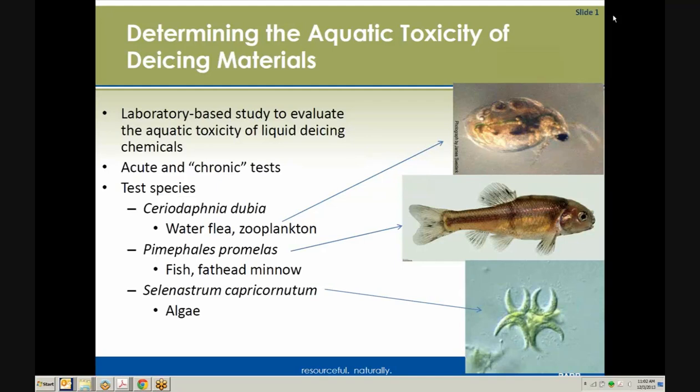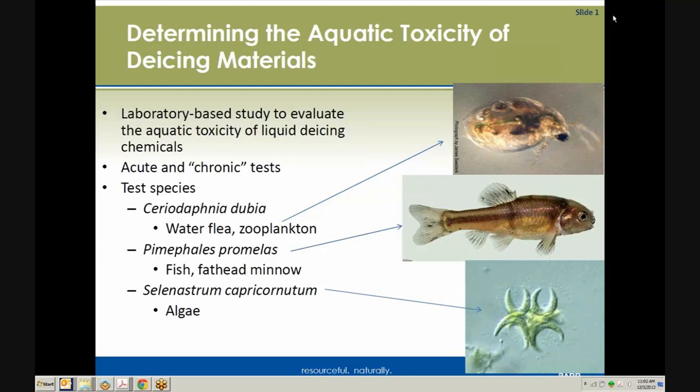The 3 species we chose are presented on the right of the screen, and those species are Ceriodaphnia dubia, which is a zooplankton and is a very common species in waterways, and it's a very sensitive species, and it's used for regulatory compliance testing in the United States and many places around the world. So it's a very common testing species that is used based on the food chain, but has many uses as an indicator of aquatic toxicity.